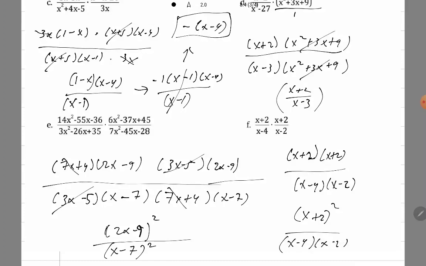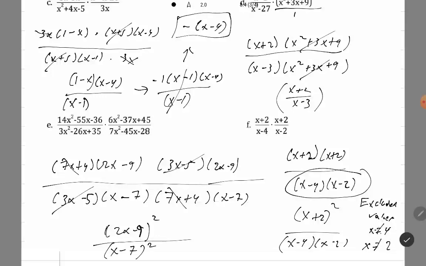They might ask you what your excluded values are, and for your excluded values, you take a look at your bottom, set it equal to 0. So if I want to look for my excluded values, x cannot equal 4, and x cannot equal 2.